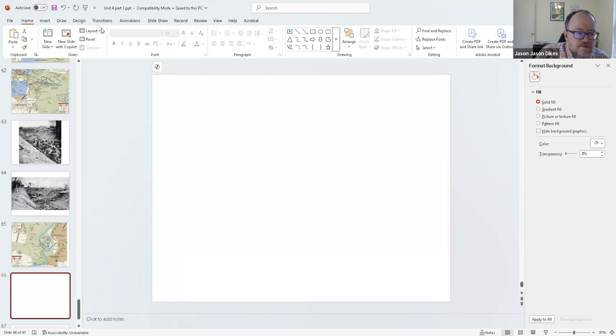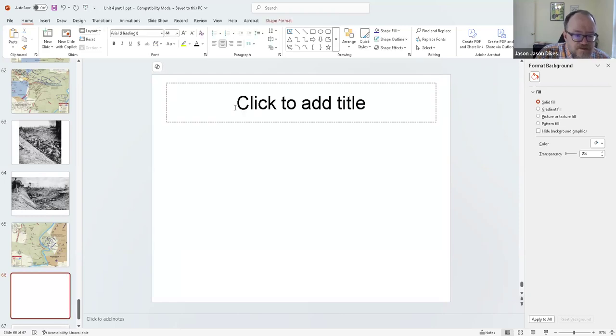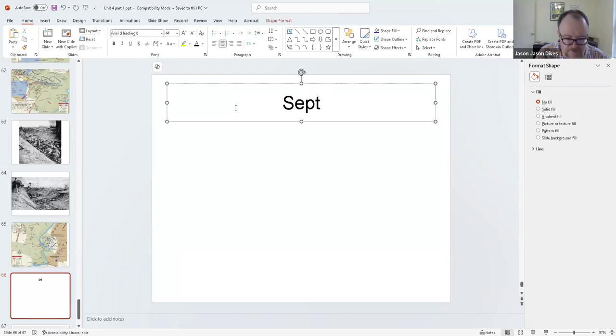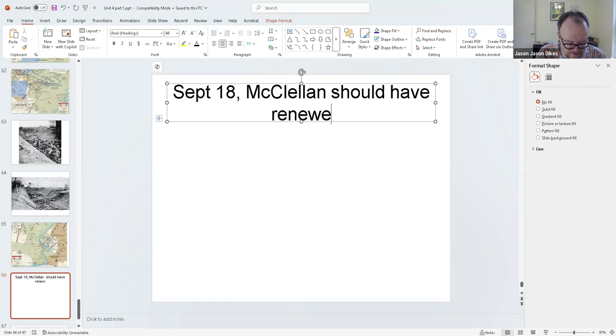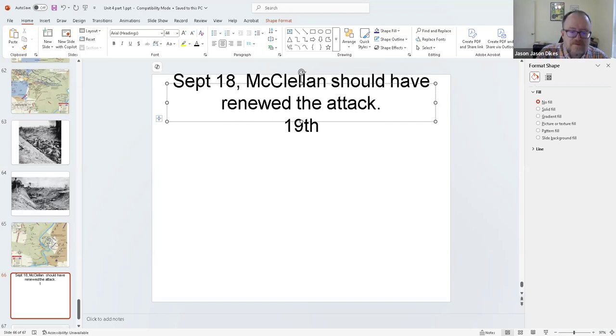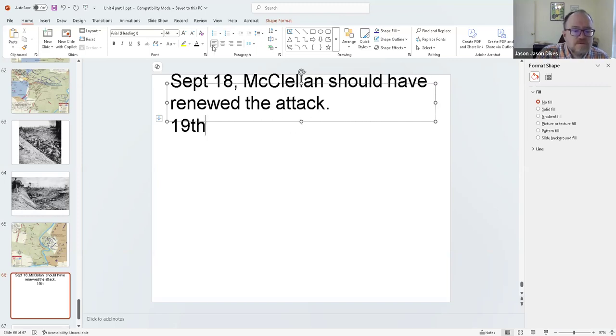Now, the next day, September 18th, McClellan should have renewed the attack. He did not. And on the 19th, Confederate armies under Lee began their retreat.